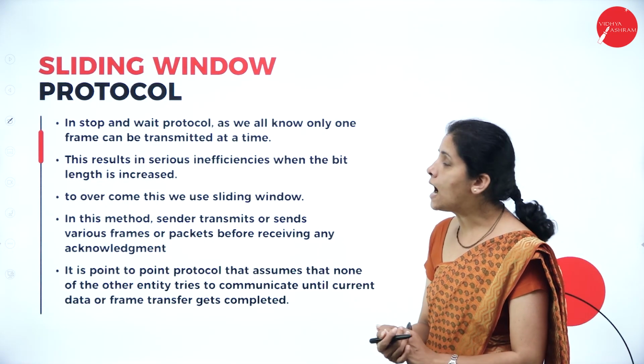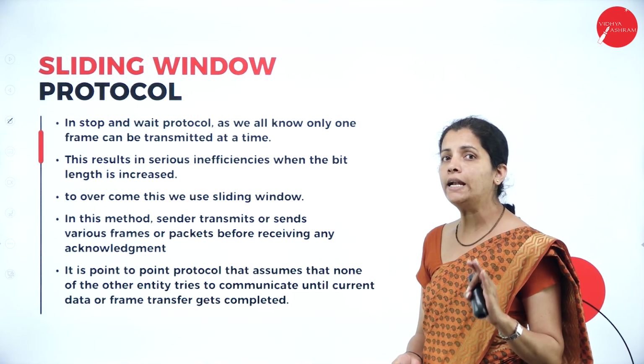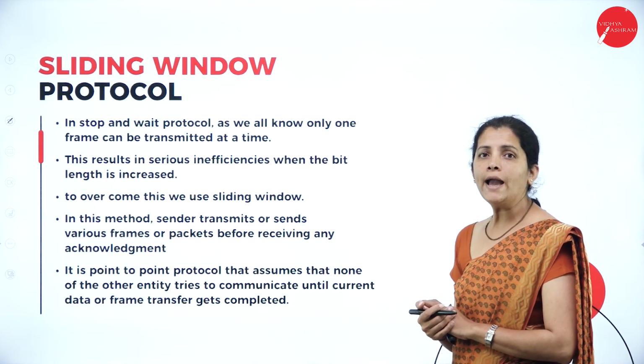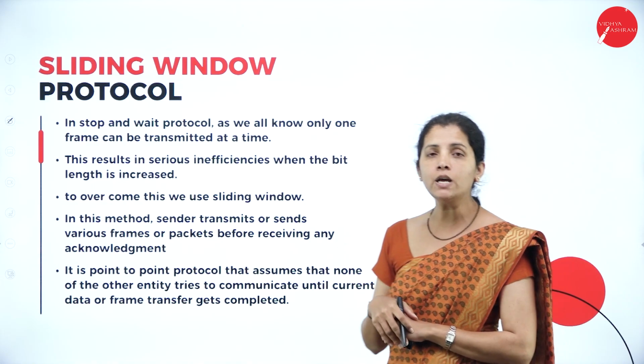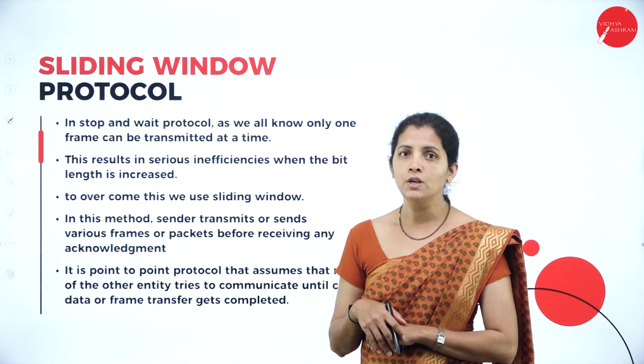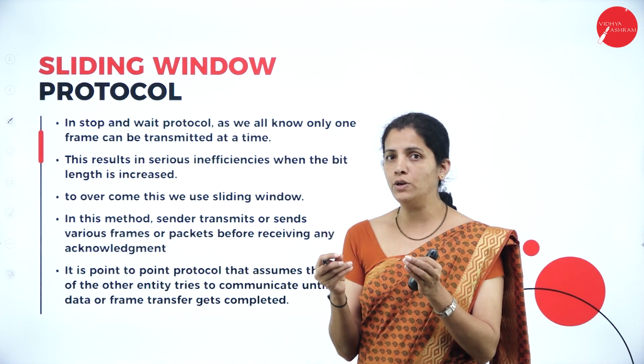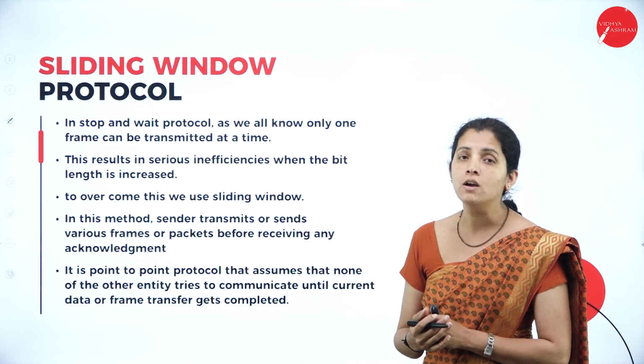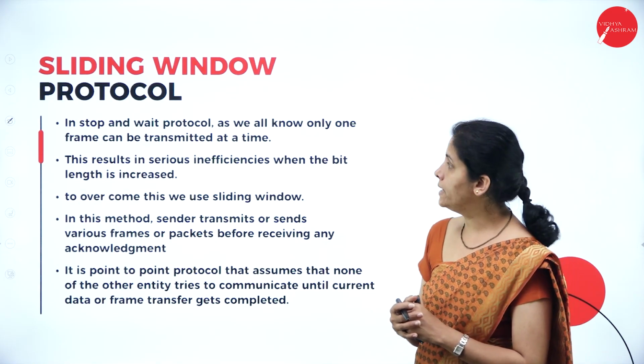Okay, fine. Now my second type is the sliding window protocol. I hope all are familiar with sliding window. What is the meaning of sliding window? I can slide the window according to my requirement.